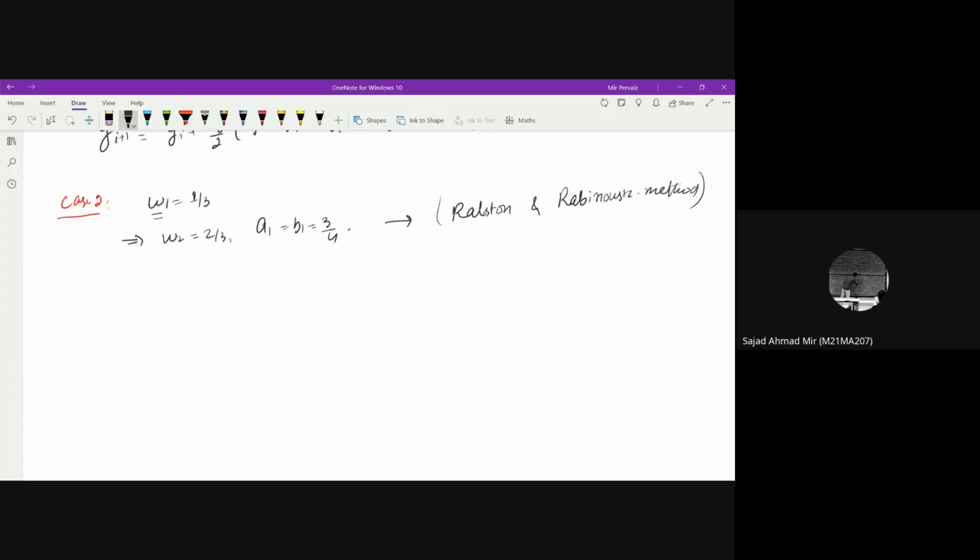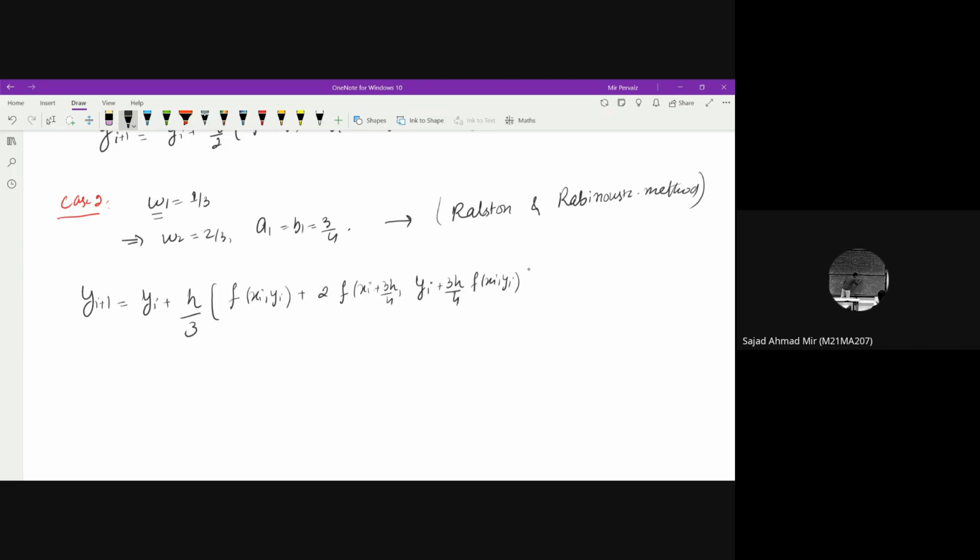Then with these parameters you are getting a numerical scheme: y_{i+1} = y_i plus h by 3 [f of (x_i, y_i) plus 2 times f of (x_i plus 3h by 4, y_i plus 3h by 4 f of (x_i, y_i))], right?